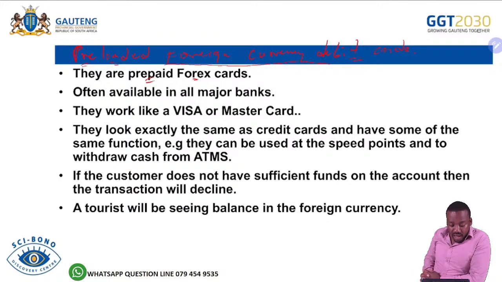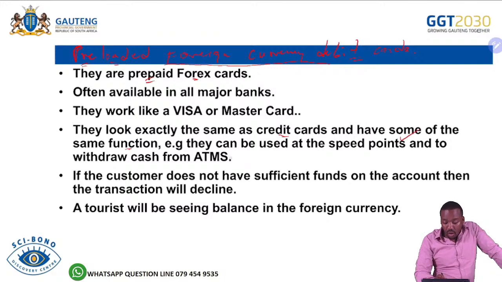They are often available in all major banks. They work like a Visa or a MasterCard. They look exactly the same as credit cards and have some of the same functions. For example, they can be used at the speed points to withdraw cash, also at ATMs and so on.